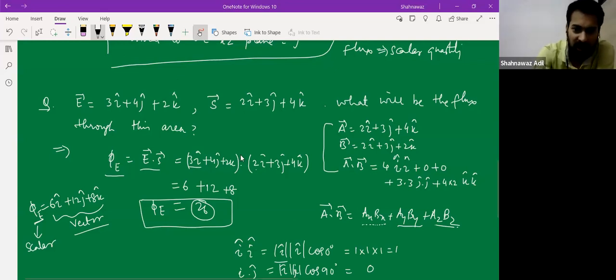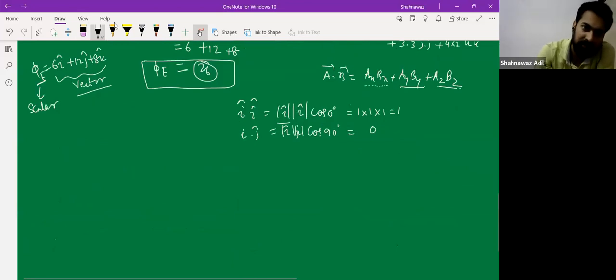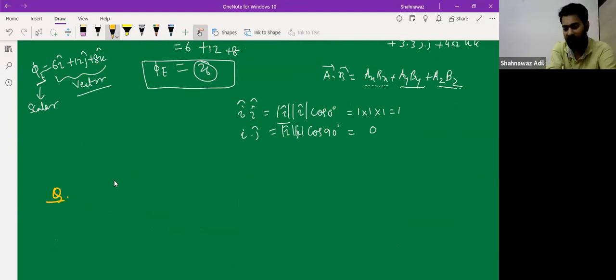Now let us do one more problem in which the area vector will not be given through an orthogonal relation or this kind of relation.